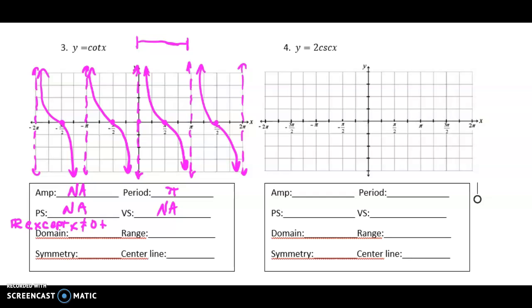That's where a vertical asymptote is, at 0, plus, and then how far apart are they? They're pi k apart. The range is negative to positive infinity. This does not have any symmetry. And our midline is y equals 0 again.